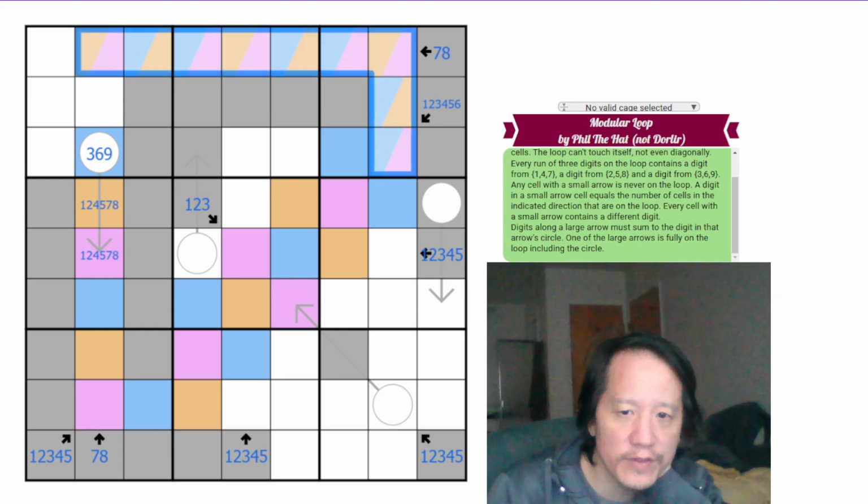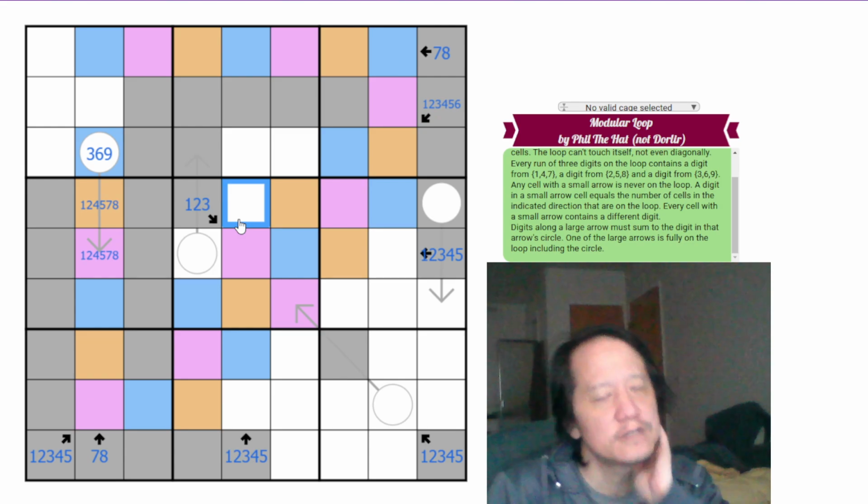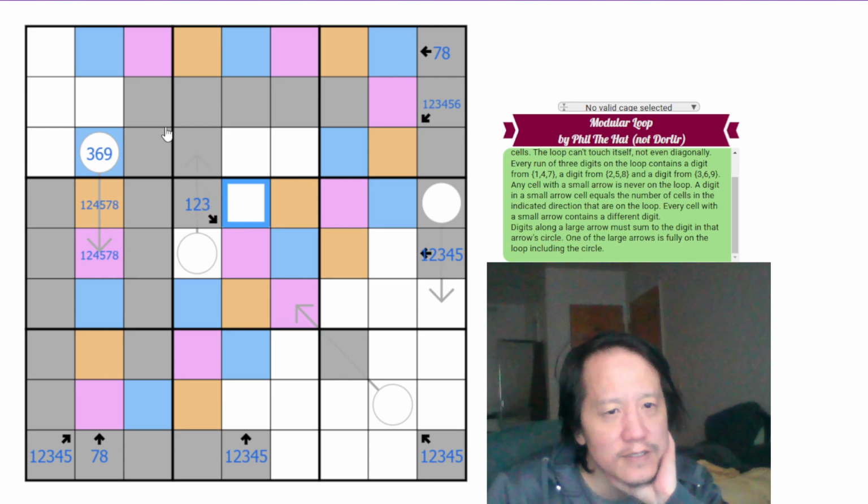Which breaks everything. This is orange. This is pink. Blue. Orange. Pink. Blue. Orange. Pink. But then we have blue again. This doesn't work. Why doesn't it work?